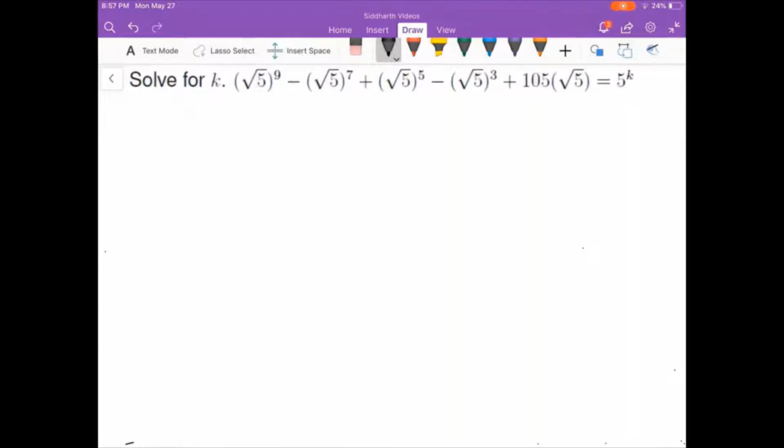In this problem, we have to solve for k. Looking at the left hand side of the equation, we see that root 5 is common to all the terms. So I will factor it out.